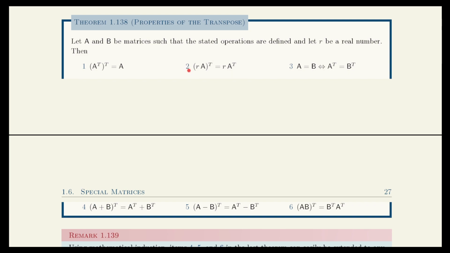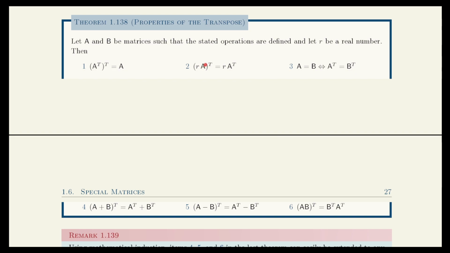Yes? The row of A transpose is the same as the row of... This is not row, this is R. R is a number. Oh, okay. So this tells you that if you multiply a matrix by a number, which becomes a matrix, and then transpose it, it is exactly equal to if you transpose the matrix first and then multiply it by the number.